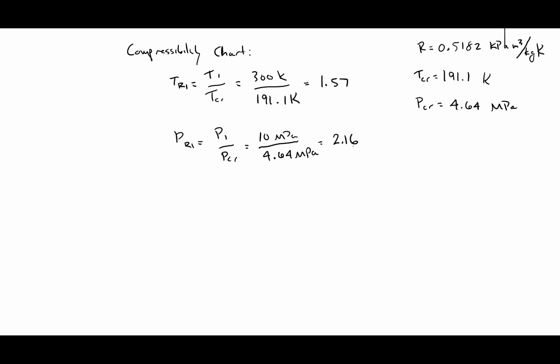All right, so we have the reduced temperature and pressure at state 1. What we want to do is look up Z1 and also the reduced volume on a generalized compressibility chart.